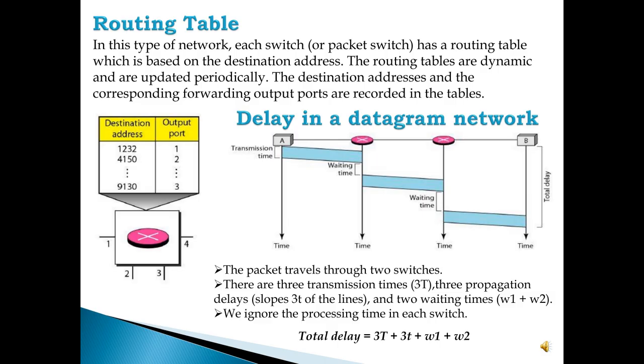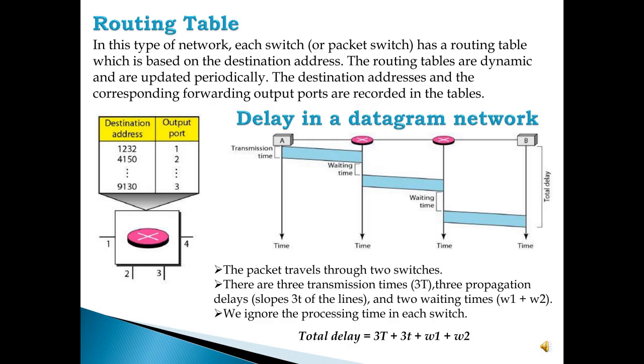There is a router. That particular router contains a routing table, and that routing table contains two things. One is destination address, another is output port. So, whenever any data gets transferred by the sender, based upon the routing table, it tries to match the specified destination where it is going to be delivered.